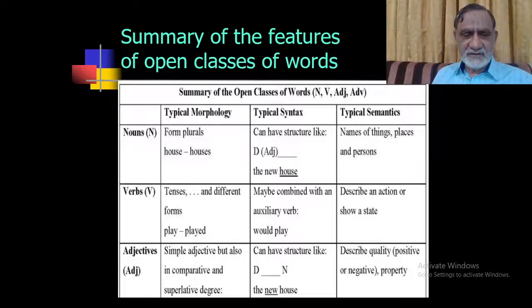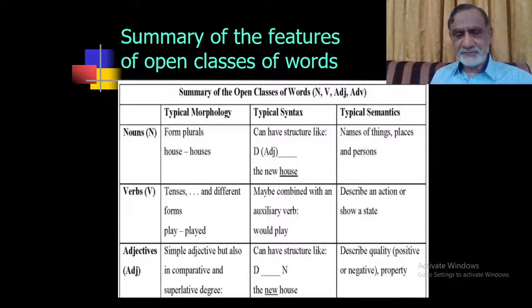Adjectives also occur in comparative and superlative degree, like good, better, best. This is the morphology of adjectives. That was an irregular adjective, which I just gave as an example.